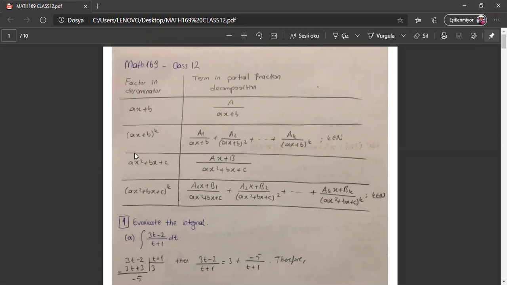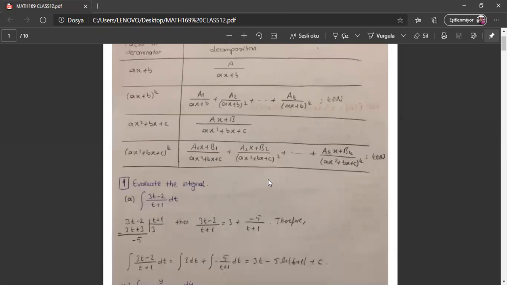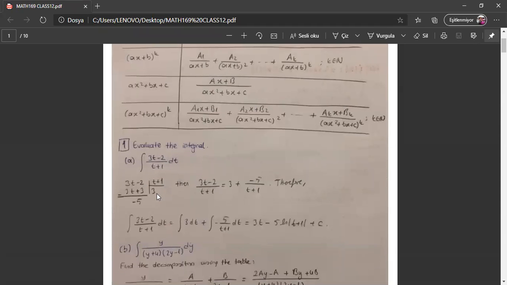If you see a term like this, you will write a polynomial in the numerator of degree 1. And if you see something like this, according to its power, we will write this. Now let's start with this one.